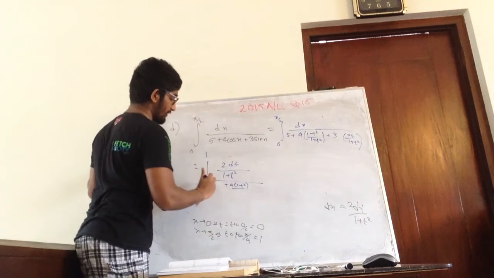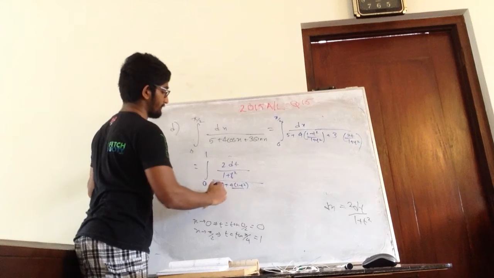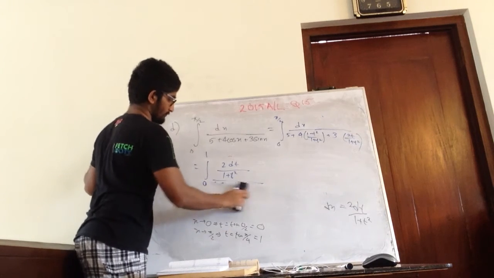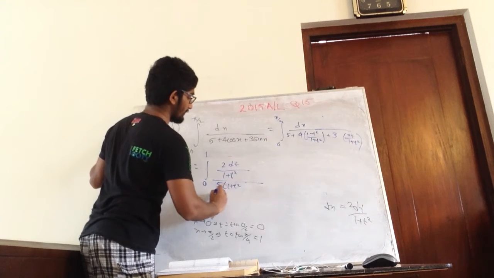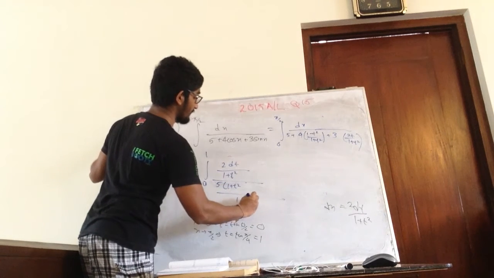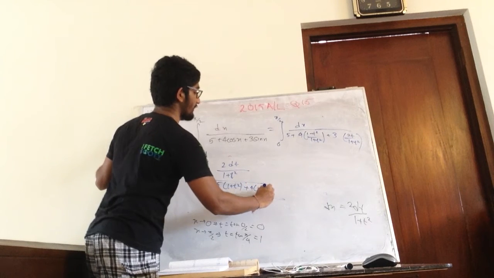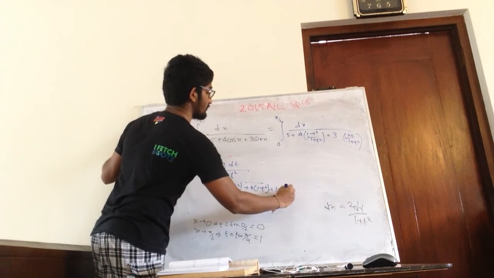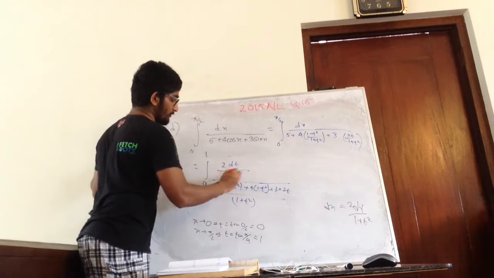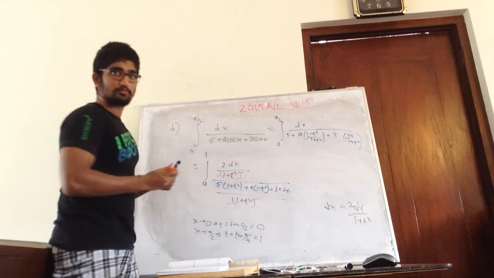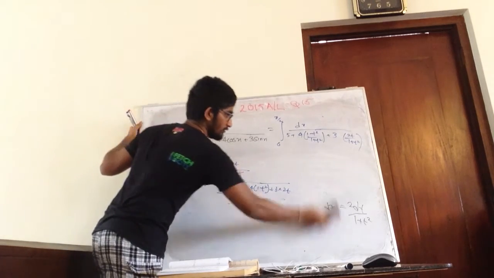So this will become 5 times 1 plus t square plus 4 times 1 minus t square plus 3 times 3 over 2. So now these two can get cancelled off, right? So now I know this.